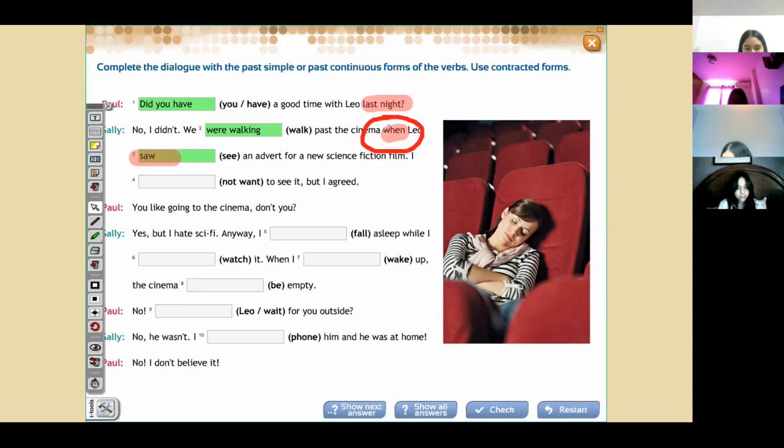If you see when here, the following part of a sentence would be a simple past. In this case, saw. So by just an inference, we could say that the other part of the sentence would be, of course, past continuous. Okay. We were walking past the cinema when Leo saw whatever he saw. That's an idea for you to work these exercises.